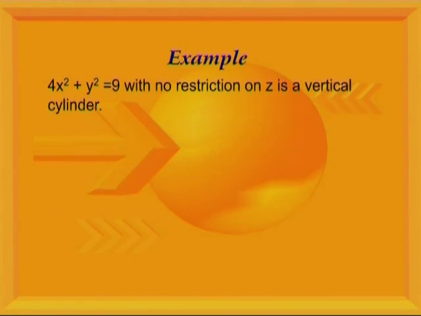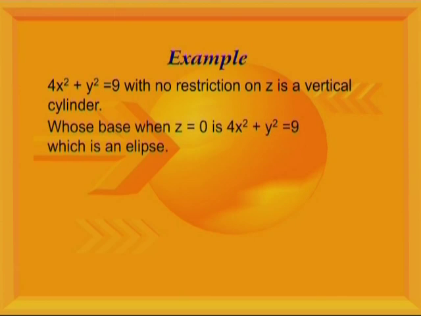4x square plus y square is equal to 9. If there is no restriction on z, then it is a vertical cylinder whose base is, because z is equal to 0, so this cylinder intersects the xy plane in the curve 4x square plus y square is equal to 9.